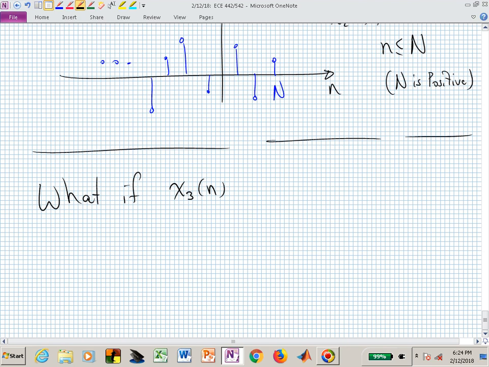It had an interval of time, little n, that was infinite in extent. X sub 2 was infinite in duration to the left. And x sub 3 is going to be limited and only finite, either to the left or the right, or both.